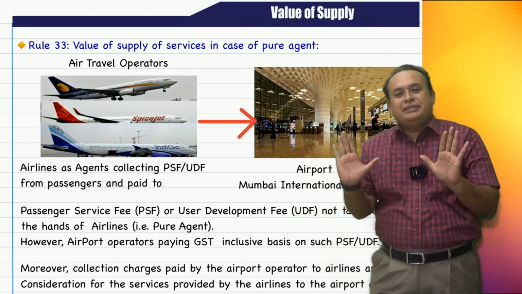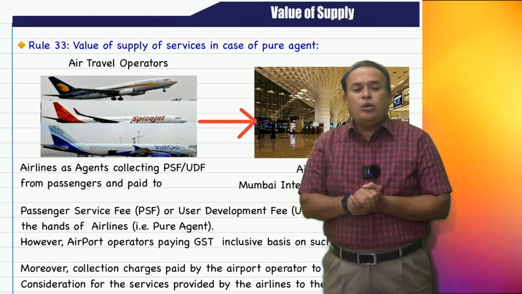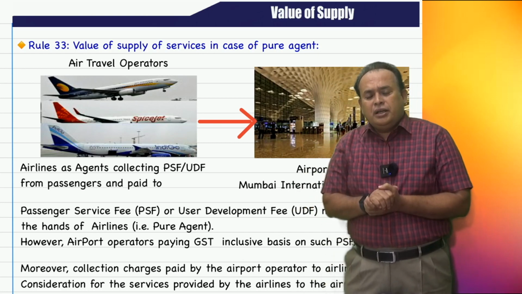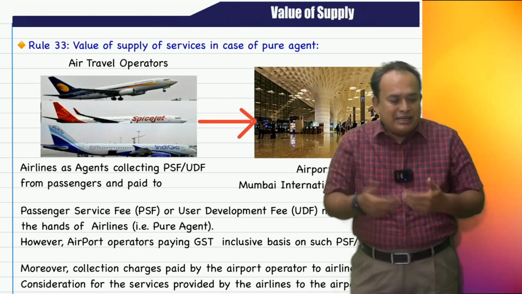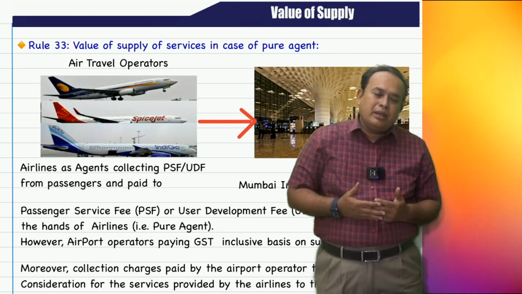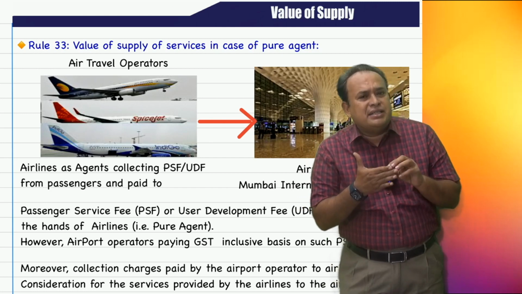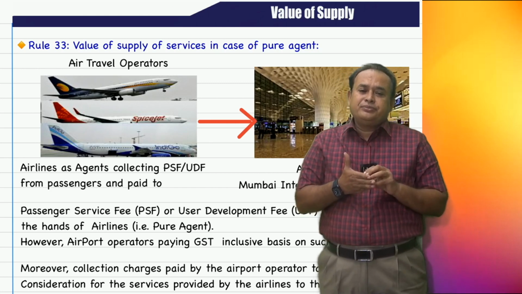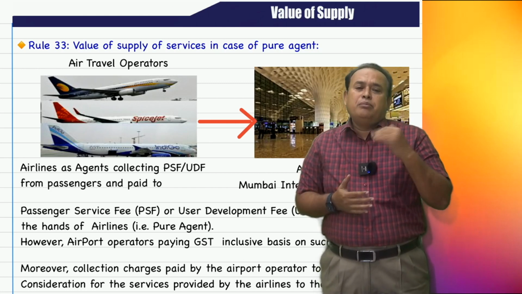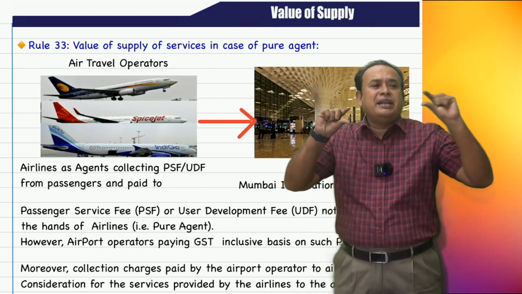This is what happened during that period of 5 days. Now I have to raise the bill to my client. I am raising the bill to my client. GST consultancy services. My bill 10 lakhs, GST consultancy 10 lakhs.